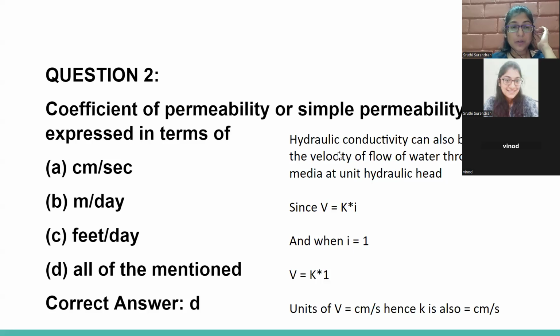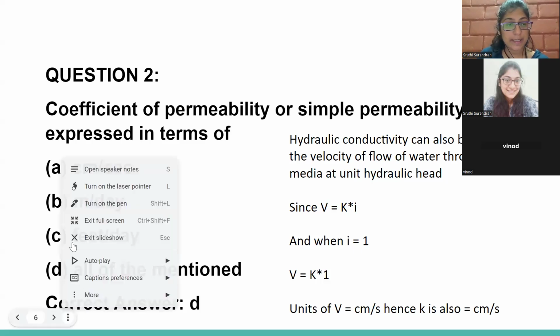So the correct option is option D. So let's see why. We know hydraulic conductivity, coefficient of permeability, or permeability is also called hydraulic conductivity. Hydraulic conductivity can also be defined as the velocity of flow of water through the media at unit hydraulic gradient.